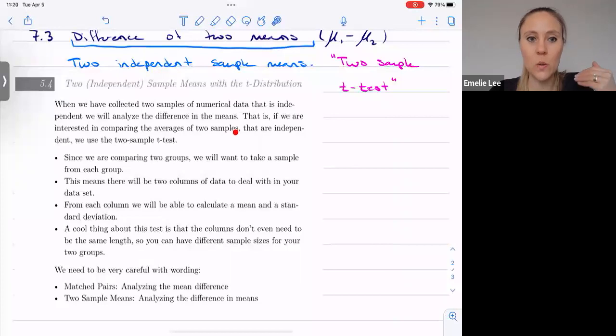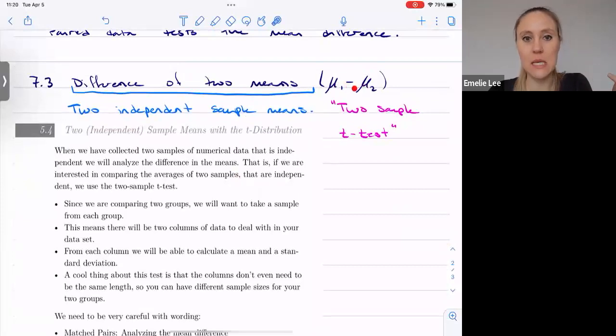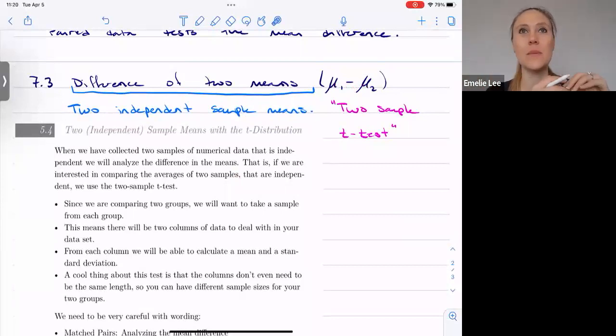When we have these two independent sample means, then we analyze the difference in these means. For example, if I have the average sales for some group, say cough drop A and cough drop B, which one am I going to take on?